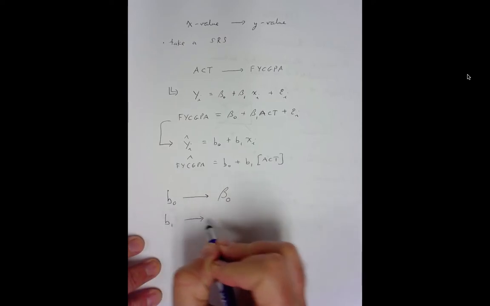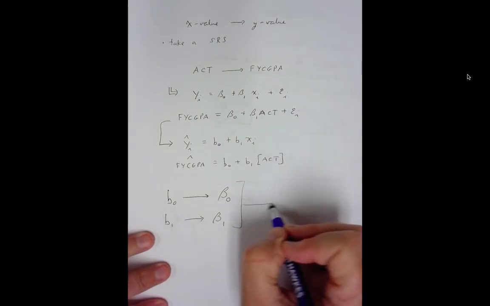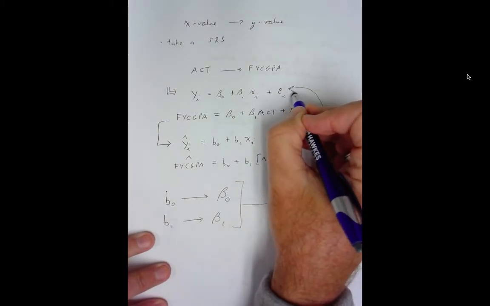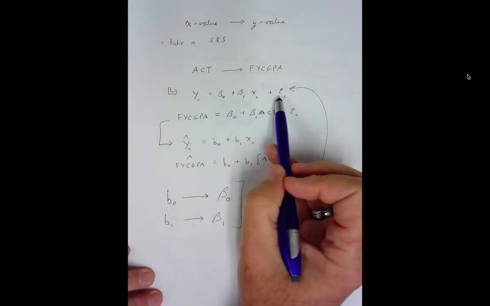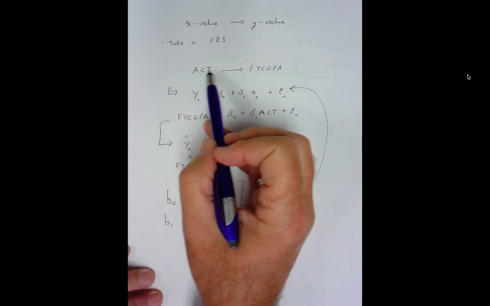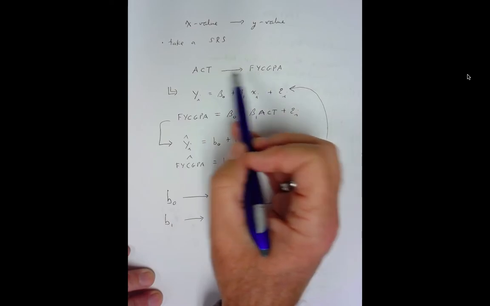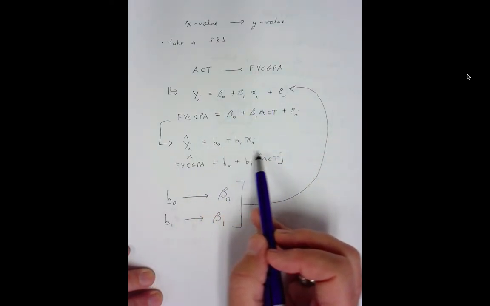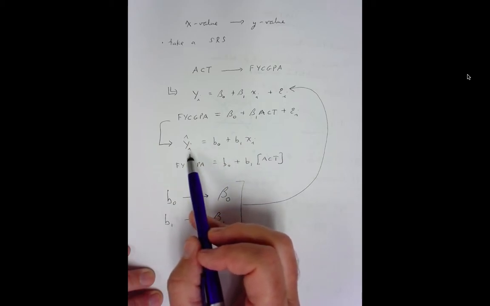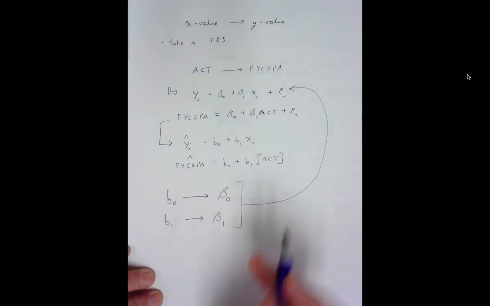The sample slope is an estimate of the population slope. So these together create an estimate of what this model is that describes the relationship between all ACTs and all first-year college GPAs, obviously across each individual. This model right here is created from our sample that we collected at random from the larger population.